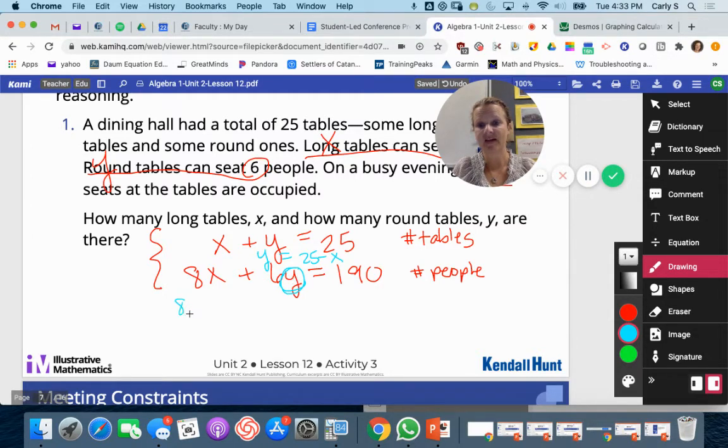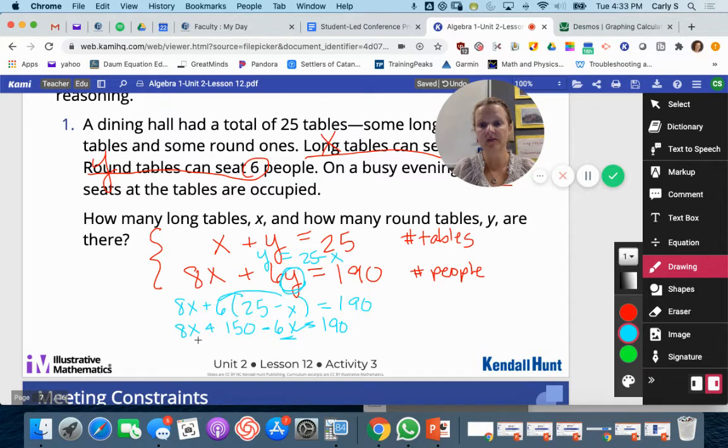So I have 8x plus 6 times, instead of y, I'm substituting. Okay, now I need to distribute the 6 through the parentheses. I have 8x plus 6 times 25 is 150 minus 6x equals 190.